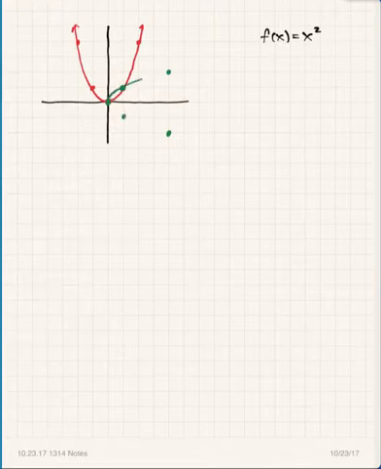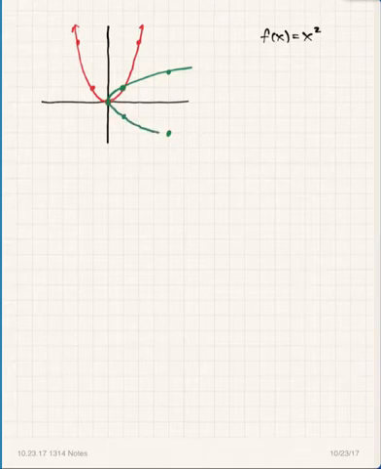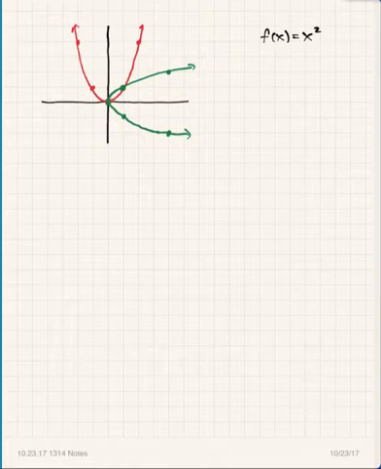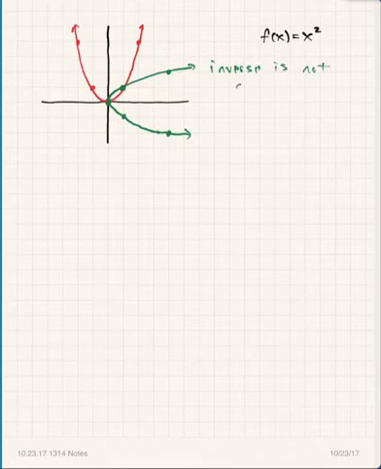And you get this graph like this for the inverse. Now, besides the fact that I didn't sketch it all that great, the problem with that graph is that the inverse, in this case, is not a function, right? It fails the vertical line test.